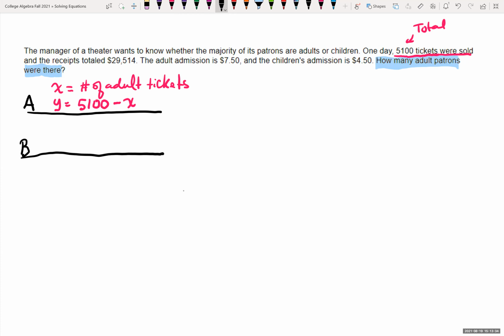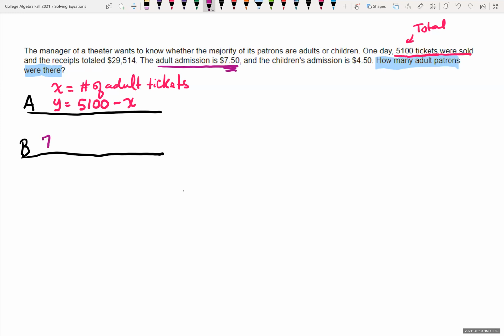We know the costs of each type of ticket, and we know how much money was made altogether. So I could figure out how much money was made off of adult tickets if I look at the price they chose. How much an adult ticket cost, which was $7.50.